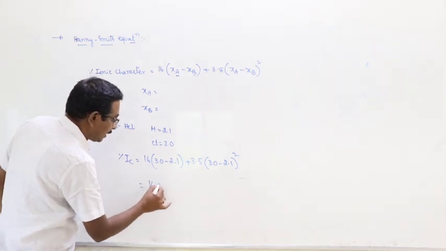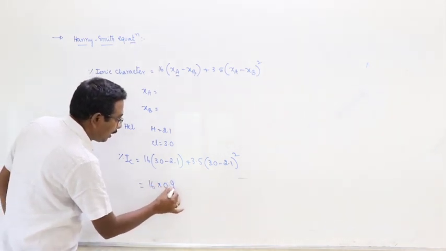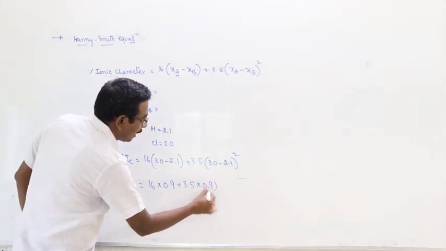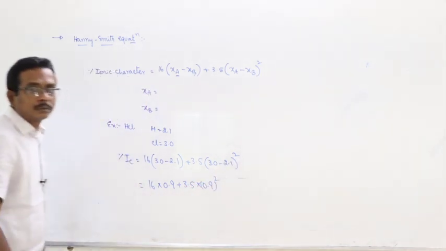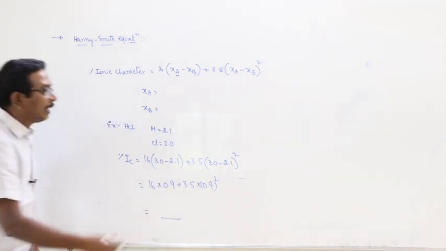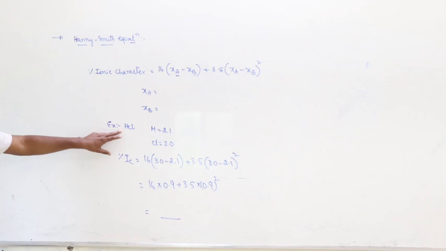That is equal to 16 into 0.9 plus 3.5 into 0.9 whole square. Then you can get the percentage of ionic character in the molecule HCl.